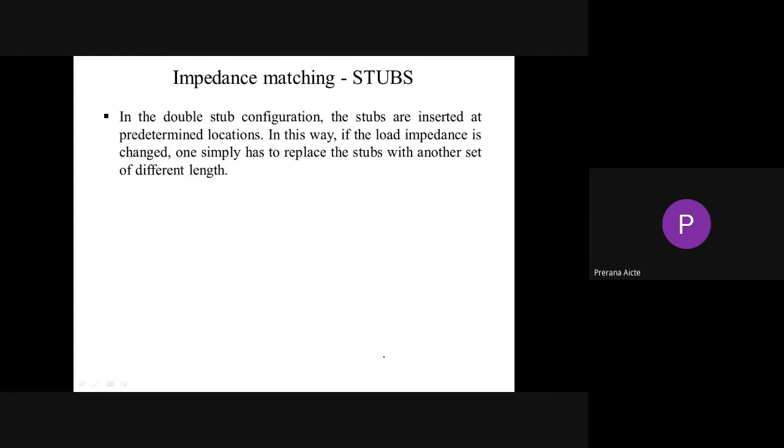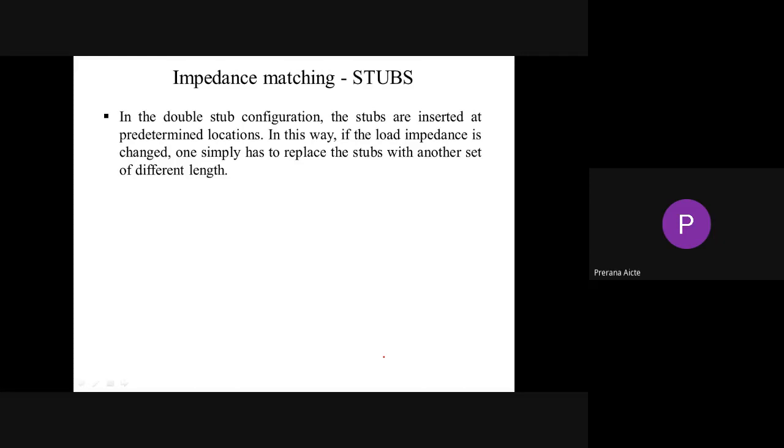In this way, if the load impedance is changed, one simply has to replace the stubs with another set of different length. If the load changes, then automatically the load impedance is not matched to the output impedance.